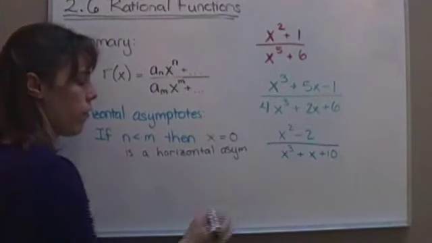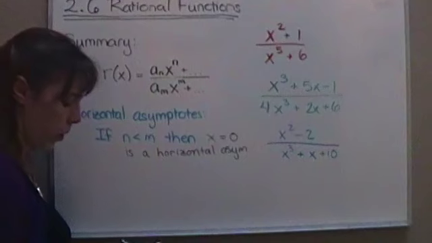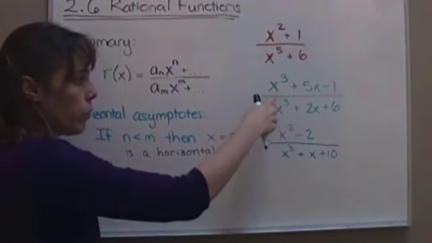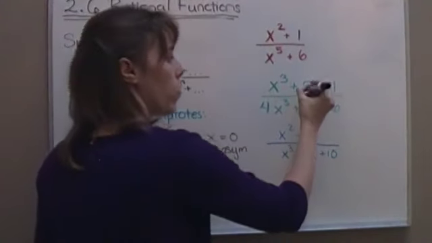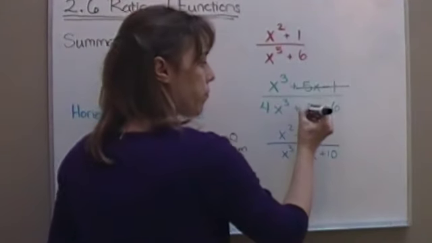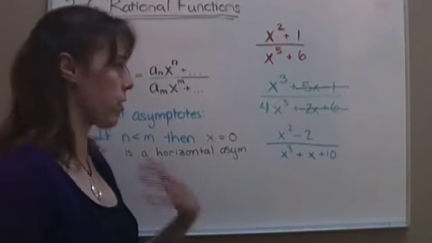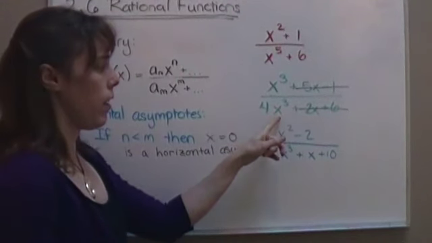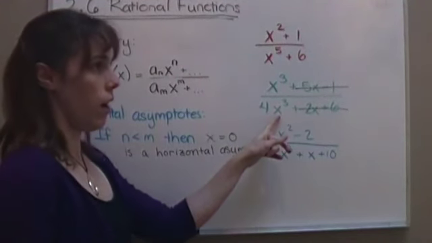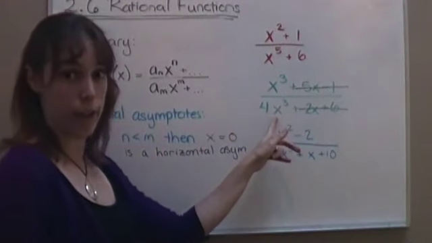What happens if they're the same? So I've got x cubed and x cubed down here. We've determined that these terms really don't matter to me at all. If you don't feel comfortable with it, think about plugging in huge numbers. If I plug in 1,000 here, I've got a billion, 4 billion, in fact.